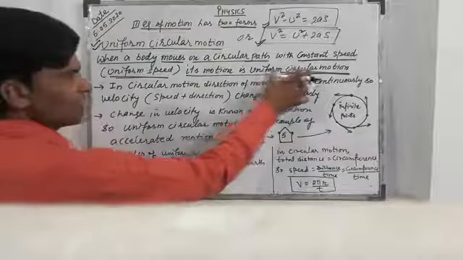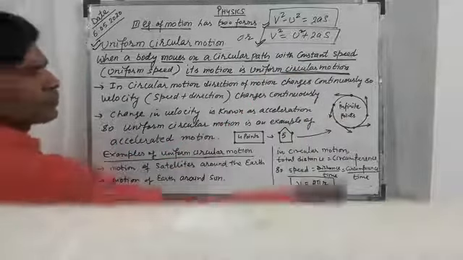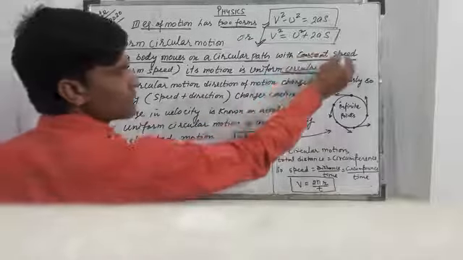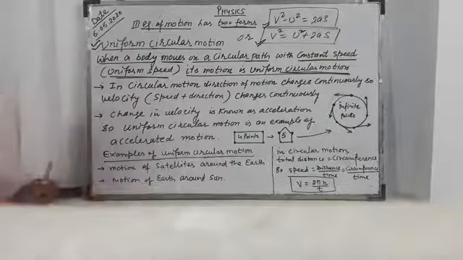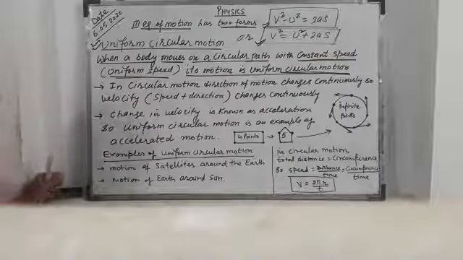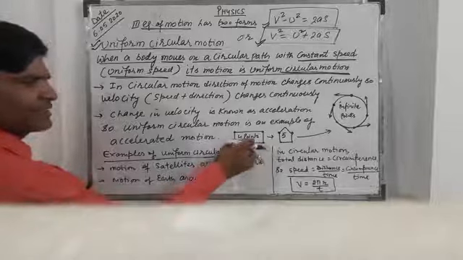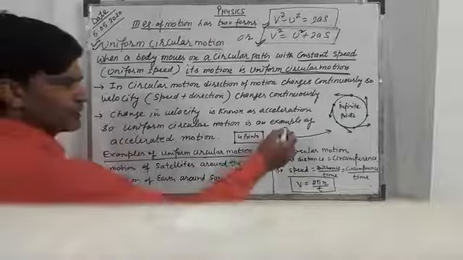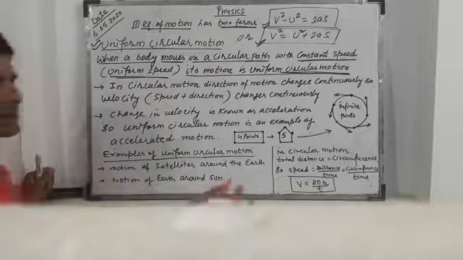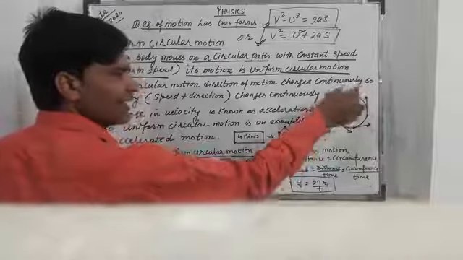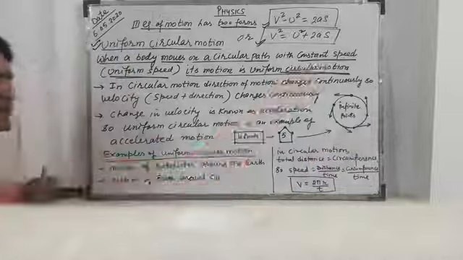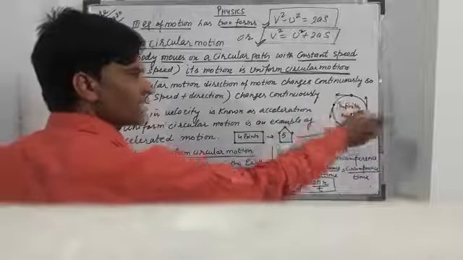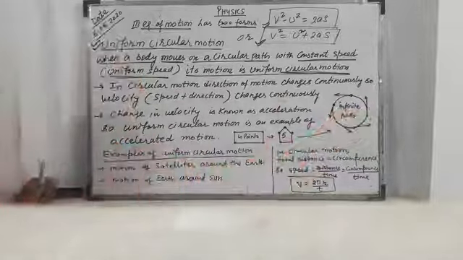It means in uniform circular motion the speed is constant. As we know that a rectangle has 4 points, a pentagon has 5 points, in the same way, a circle has infinite points. And at each point the direction changes continuously.